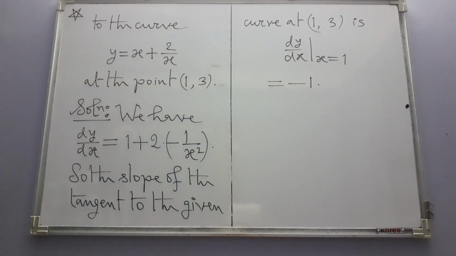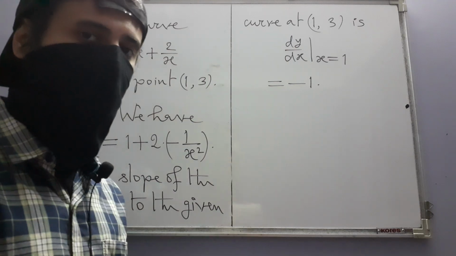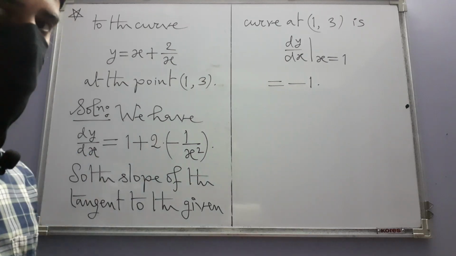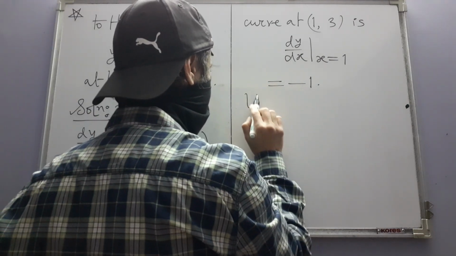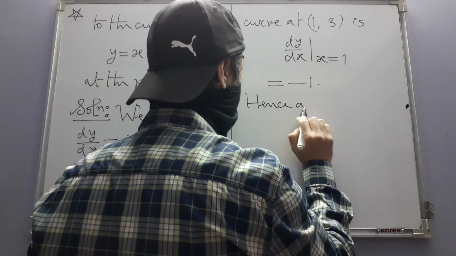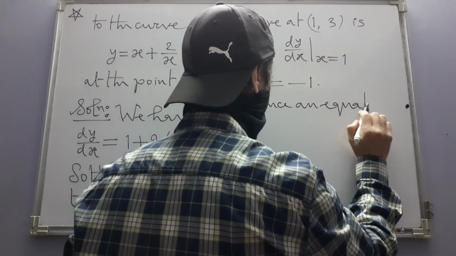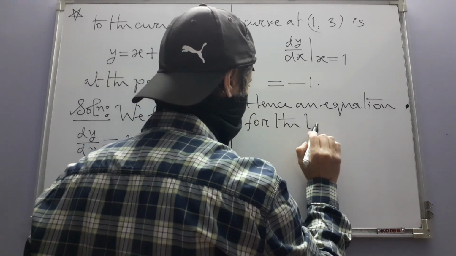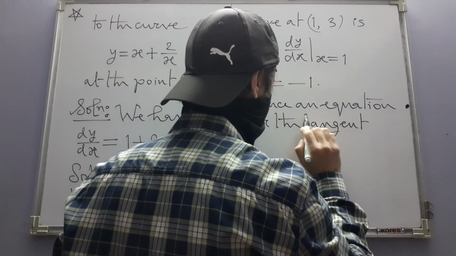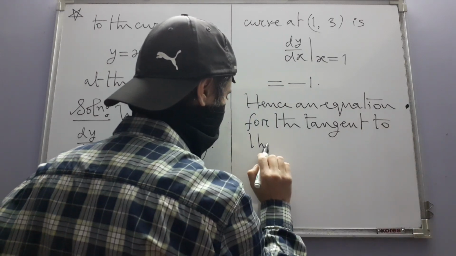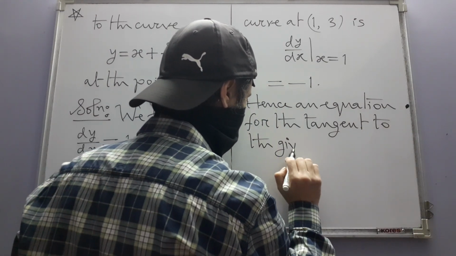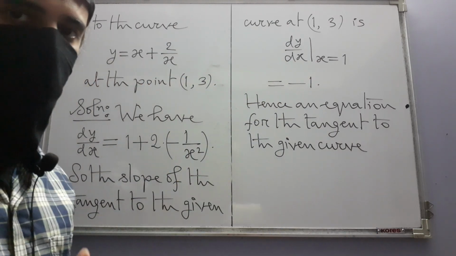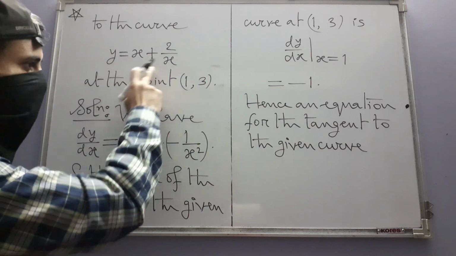So now you have to write an equation for that straight line which has slope minus 1 and it passes through this point. So that's a simple matter. Hence, an equation for the tangent to the given curve, without writing given curve every time. If you want, you can write this also.